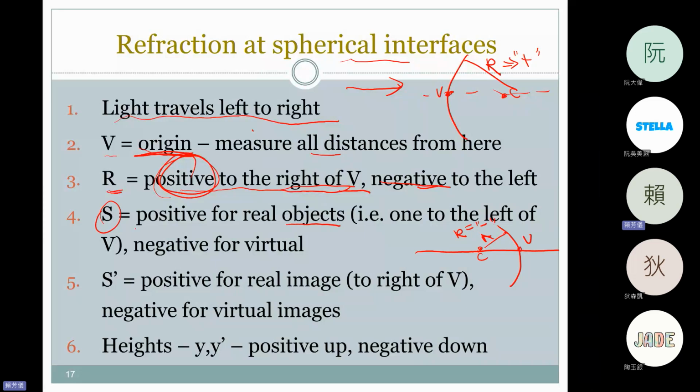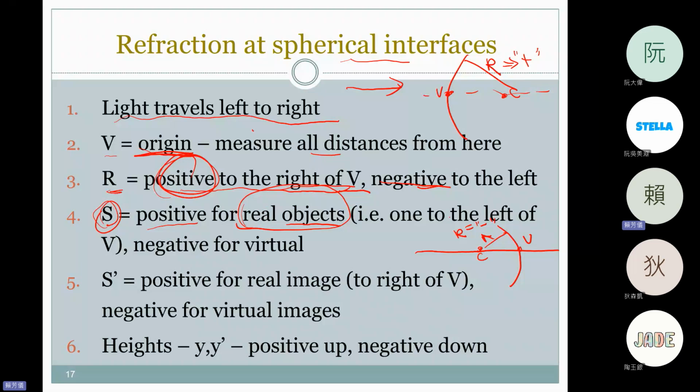and how do we know positive or negative? We say that for the real object, the object distance is positive. So that means there is actually an object there, and the light is emitted from the object.